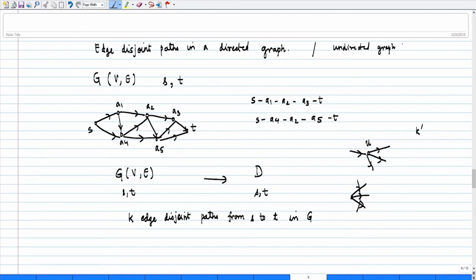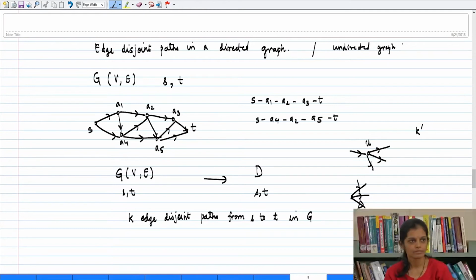So we have the same setting, we have an undirected graph, a pair S and T, and we want to find the maximum number of edge disjoint paths from S to T, but these paths are now going to be undirected paths. Any ideas how to convert this undirected graph to a directed flow network? You want to save yourself from those anti-parallel edges, right? Okay, good.